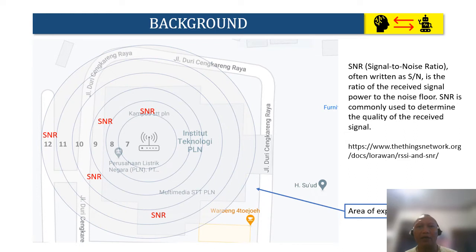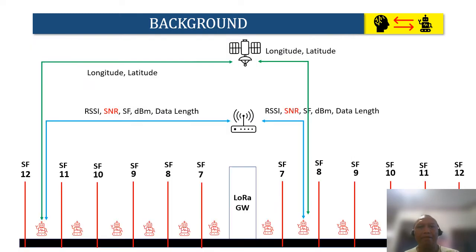The SNR means that we know about the level of the noise whenever the transmission occurs from gateway to the end node. Basically, in the LoRa system, as we illustrated here, the LoRa gateway is set in the center of the experiment area.